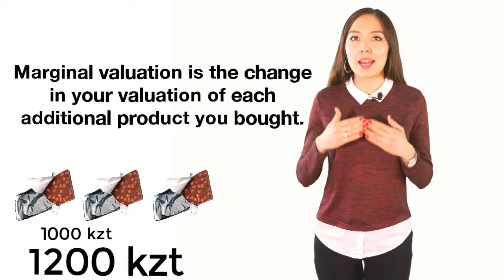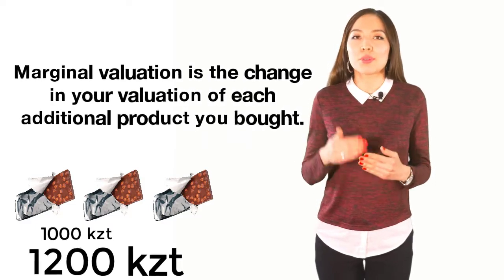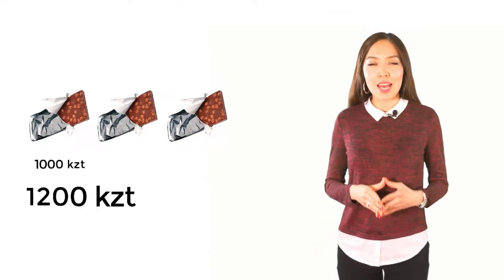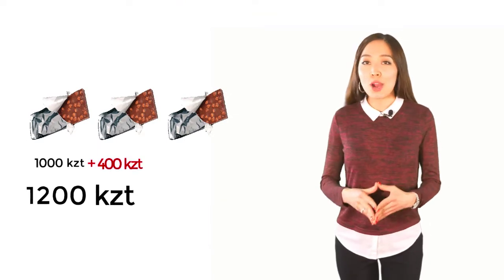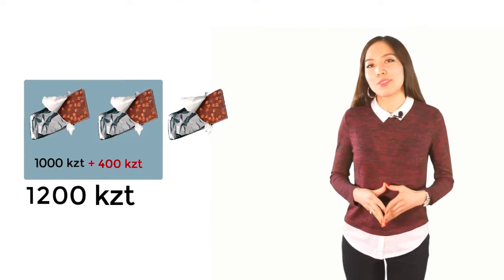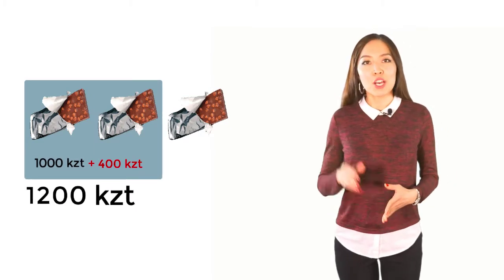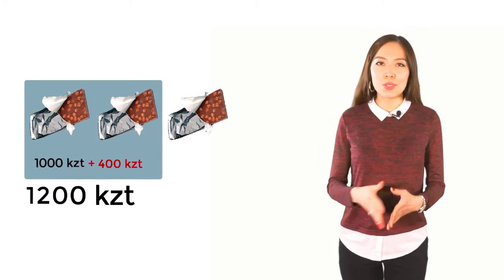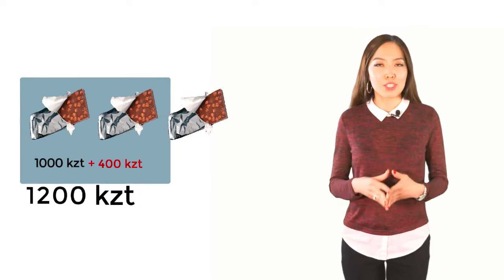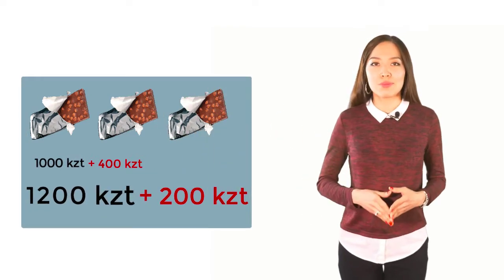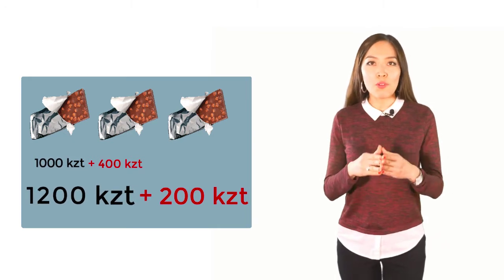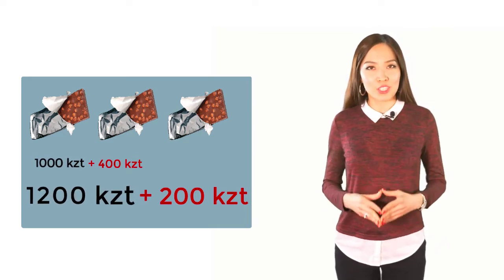You always like having more chocolate bars because more is better. We know you would be willing to pay an additional 400 tenge for the second chocolate bar. Similarly, if you have 2 chocolate bars, you would be willing to pay an additional 200 tenge for the third bar, and so forth. We call the change in your valuation your marginal valuation.